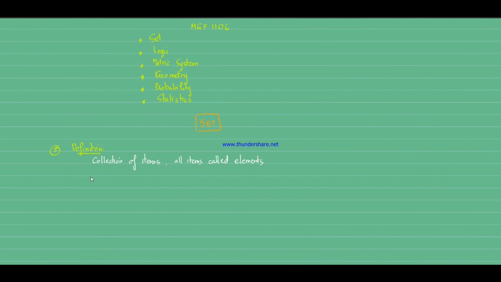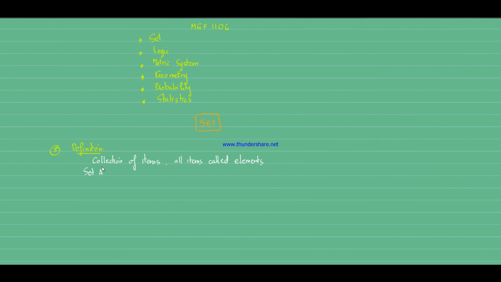The set notation can be written like this. For example, I can say that we have a set A, and set A includes a bunch of items.